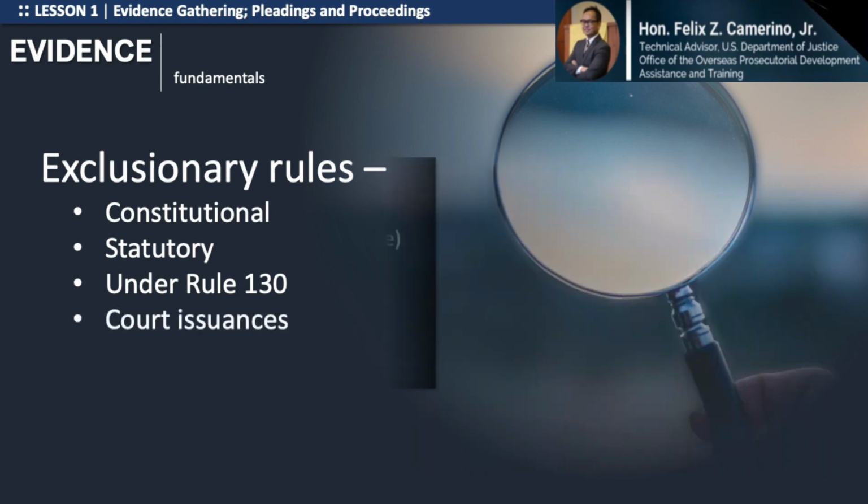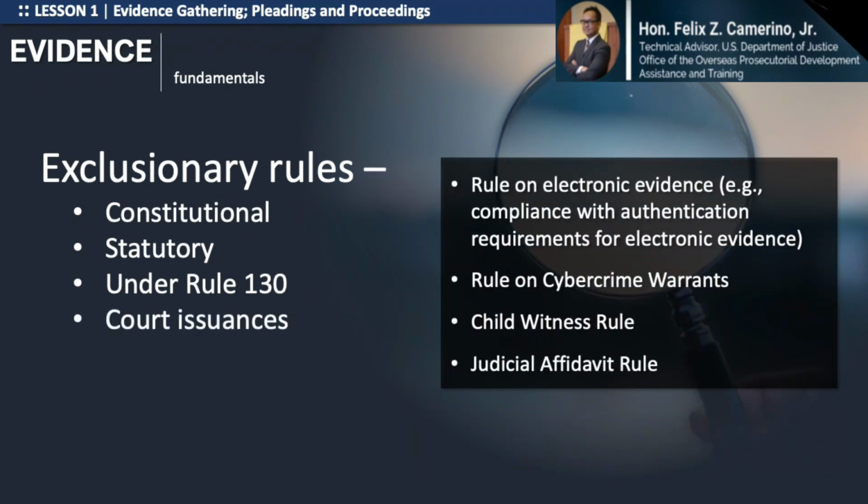What else are there? Court issuances. Here are some examples. So the rules on electronic evidence and the rules on cybercrime warrants are not far apart, since they talk about either electronic evidence or computer data, which are synonymous. The rules on electronic evidence stem from the E-commerce Act from some years ago, I think it was sometime in the 1990s.